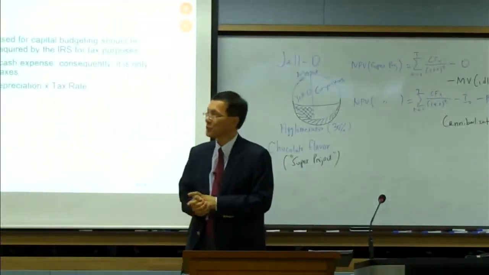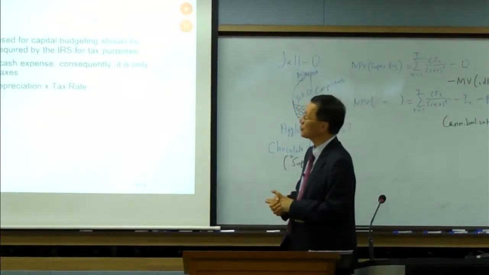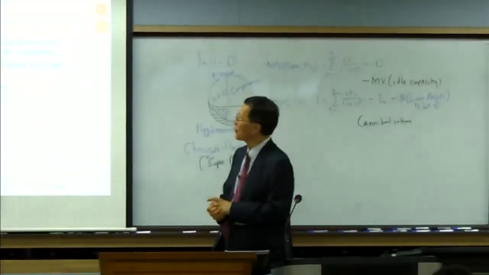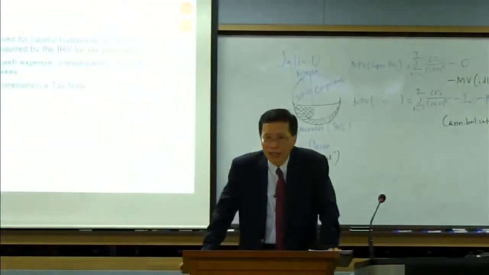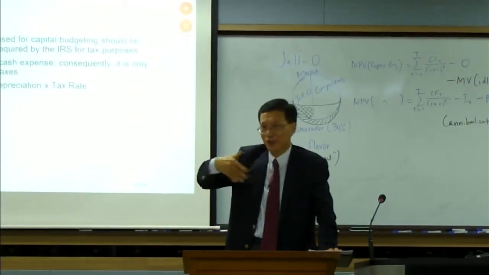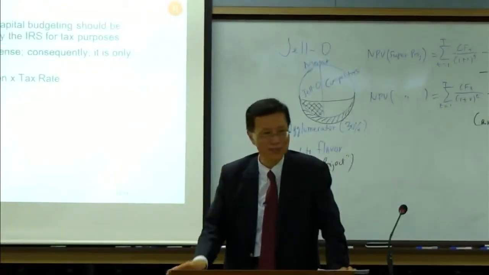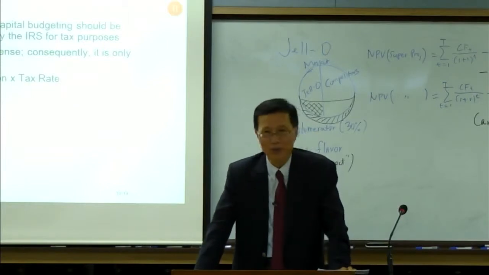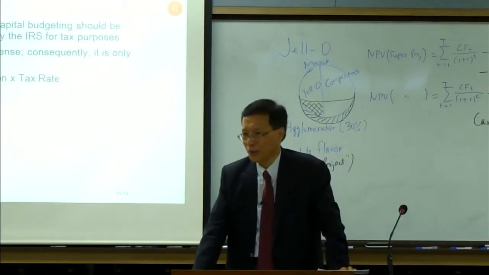The depreciation expense used for capital budgeting should be the depreciation schedule required by the IRS for tax purposes. In the US, the tax authority is called the Internal Revenue Service. Within the US, internally collected revenue, tax collection, is, from the government's point of view, revenue. So the Internal Revenue Service is the US tax authority.